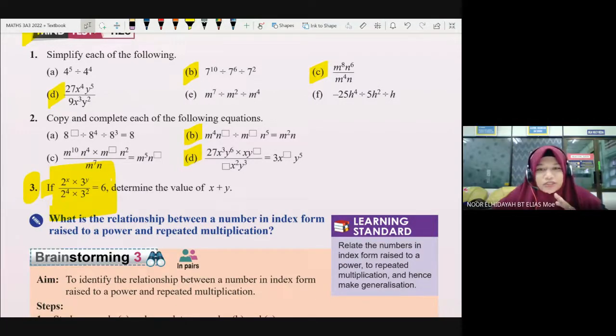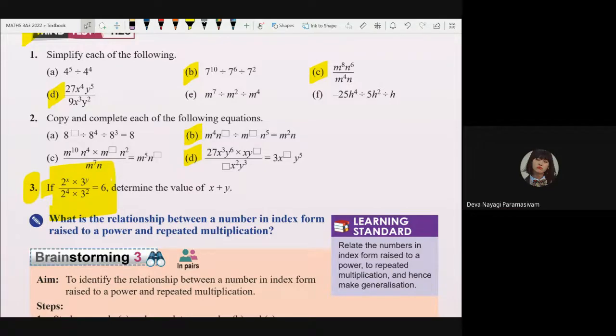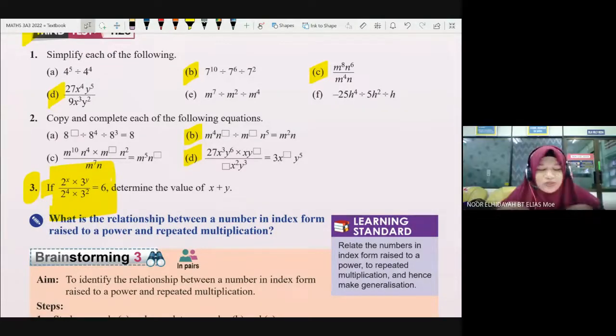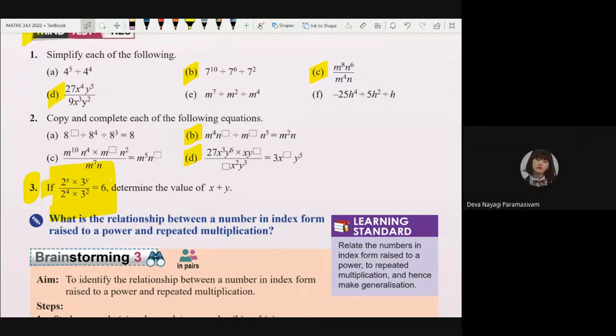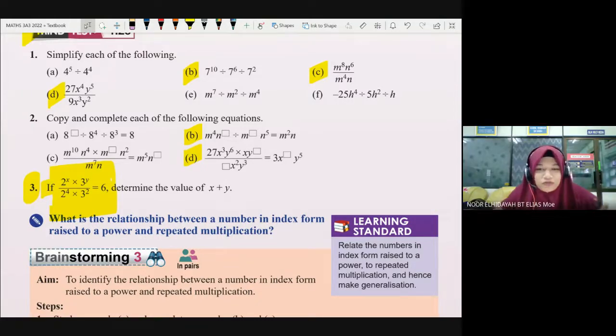You have to finish it today. Should we complete it in class time or today full day? Because you have another period for maths today, so you can finish it in the second period.